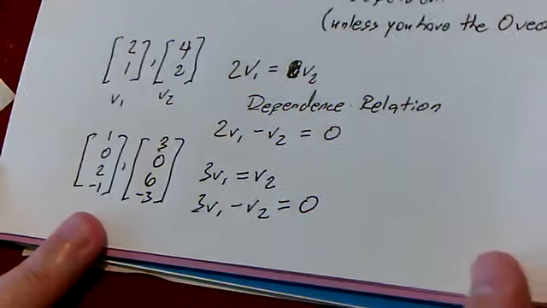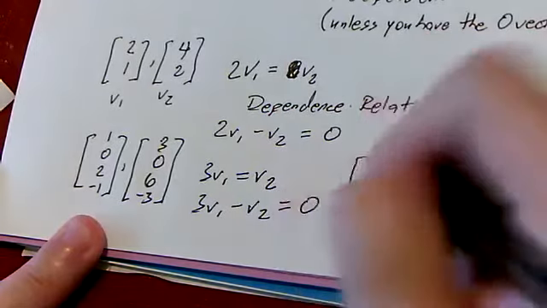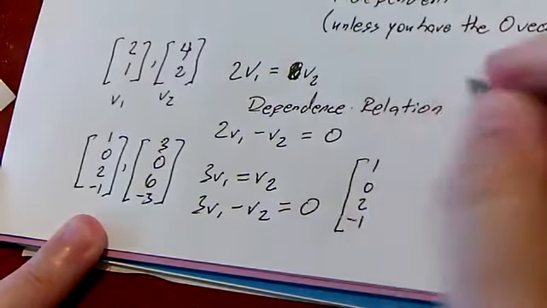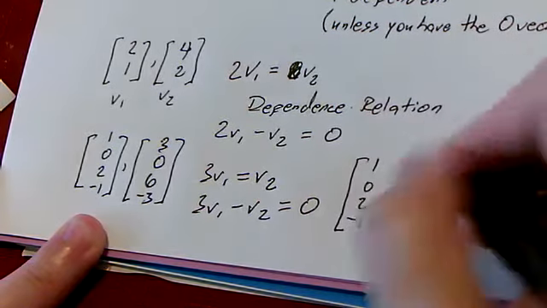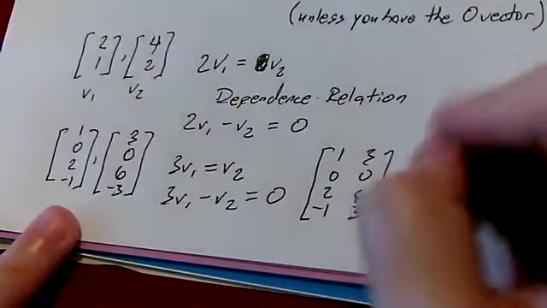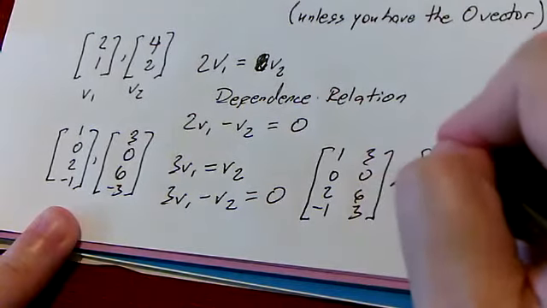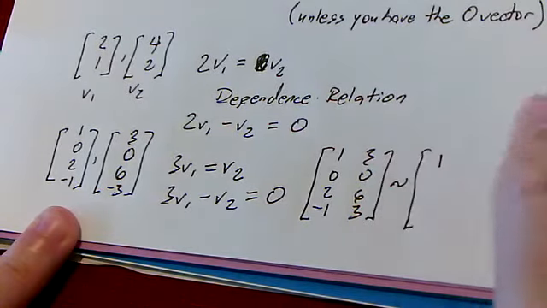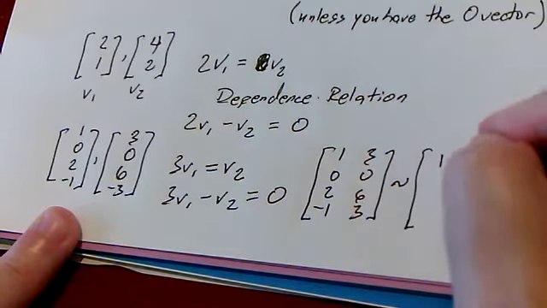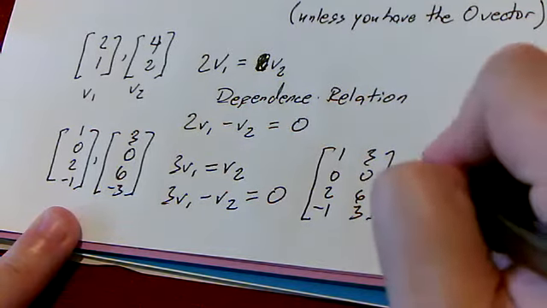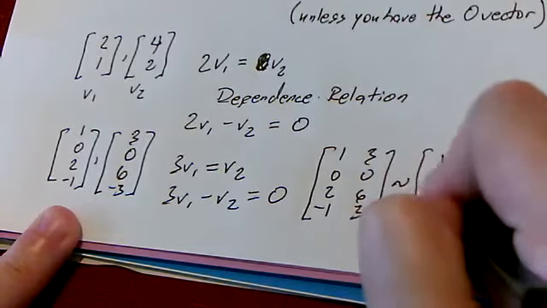Okay, I could set up a matrix, just showing you how all these different pieces interact. I could set up a matrix here, 3, 0, 6, 3. So I've got the columns of my matrix. I could row reduce this matrix. I would get 1 and I would get all zeros down below.